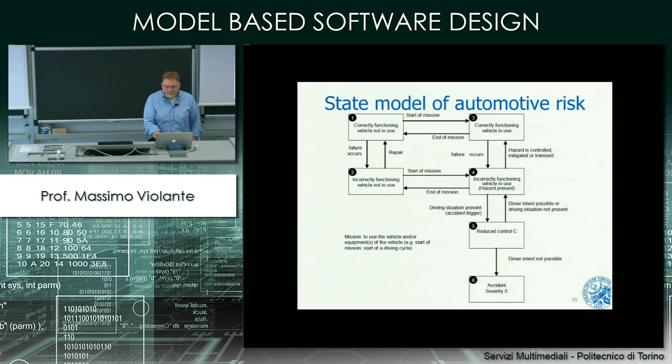So, for example, we are not able to take the desired path with our car. For example, we are braking, we are losing friction, so we are no longer able to drive the car anymore. So we are in the condition of reduced controllability.